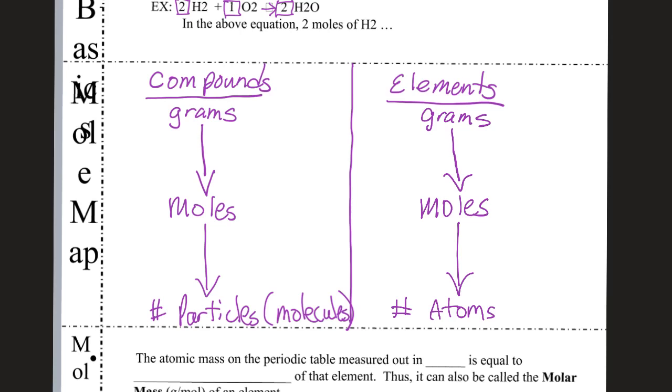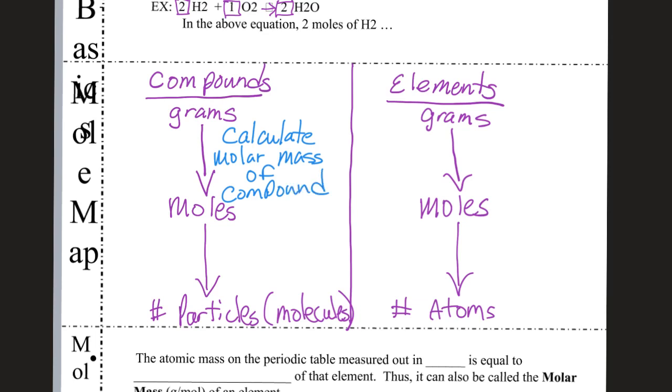So let's jump back to the conversion factors we're going to need. For grams to moles, we're going to have to calculate something called the molar mass of the compound. That's a conversion factor that we're going to need.